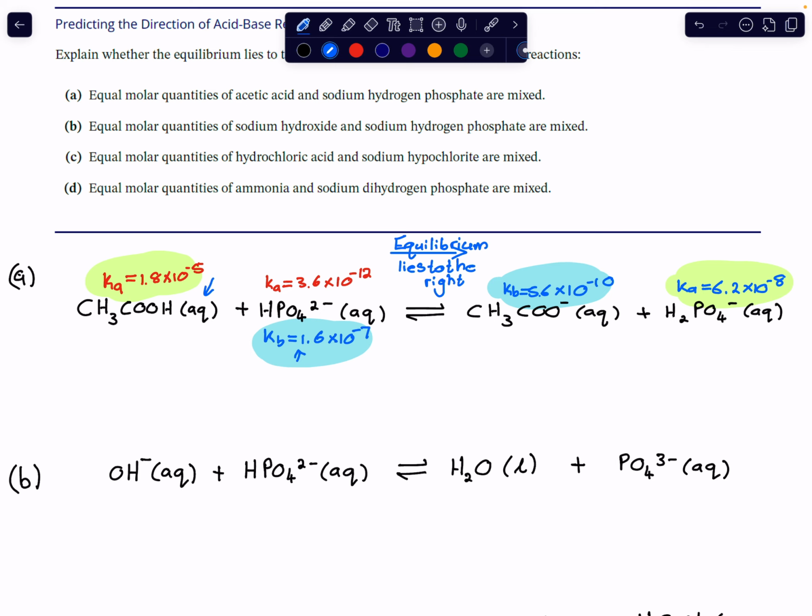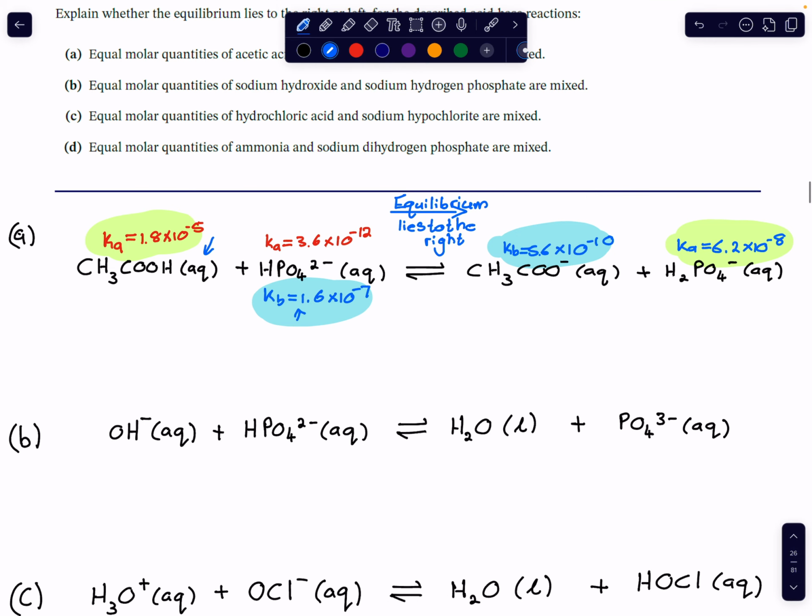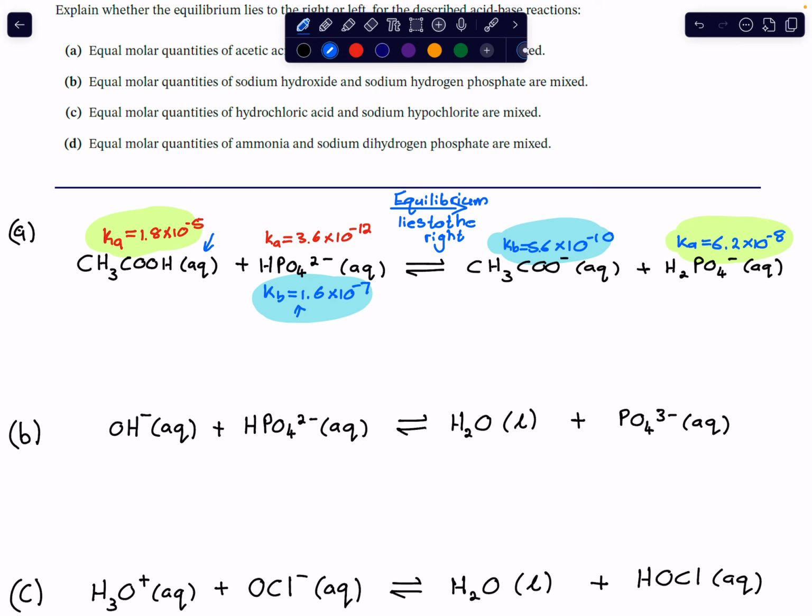This is because the stronger species are on the left-hand side and the weaker species are on the right-hand side. Cool. Moving on, sodium hydroxide reacts with sodium hydrogen phosphate in a mixture, and that forms water and the phosphate ion. The information we have here is that sodium hydroxide is a very strong base.